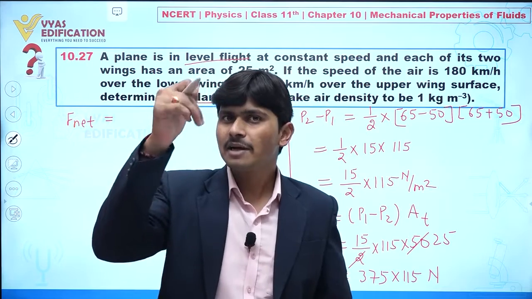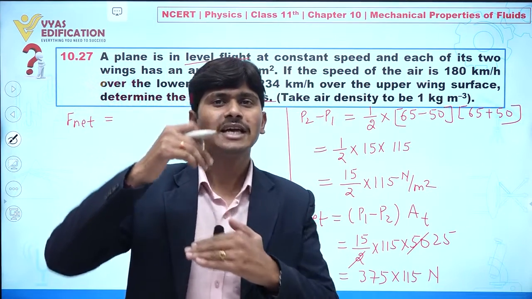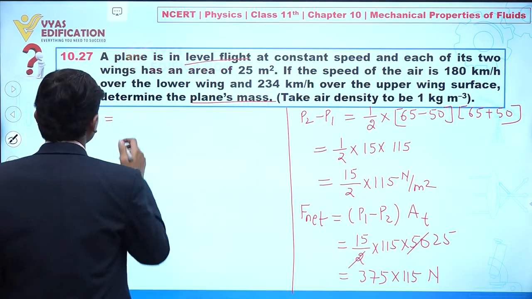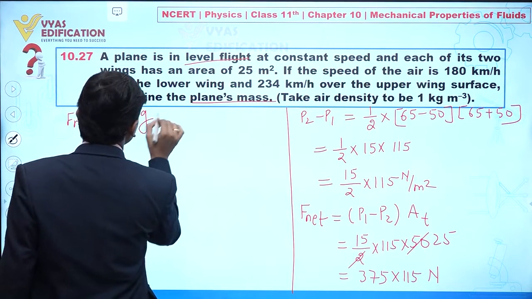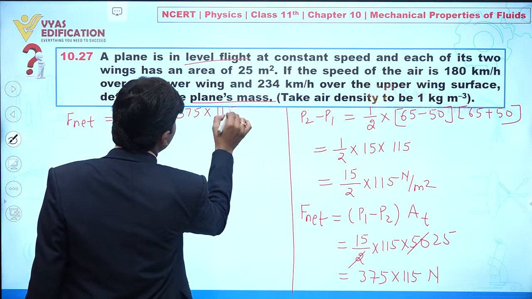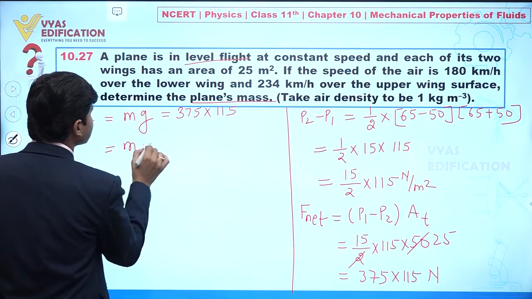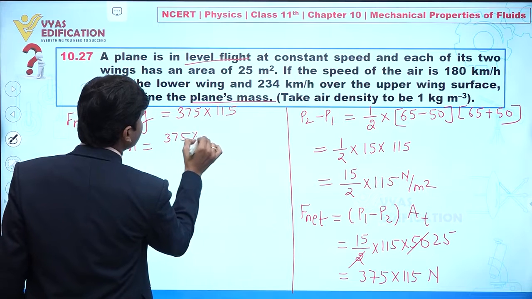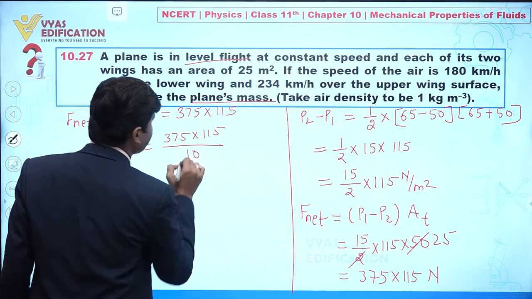This net upward force is balancing mg. So I can write this is equal to mg, and this value we have is 375 into 115. So the mass is given by 375 into 115 divided by 10.